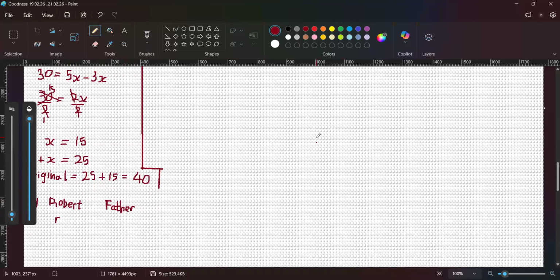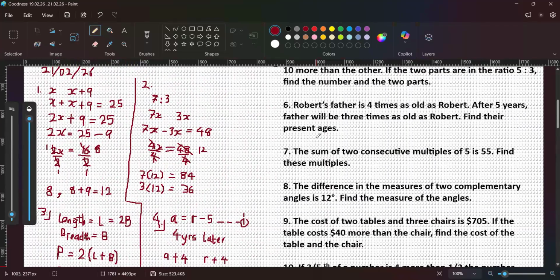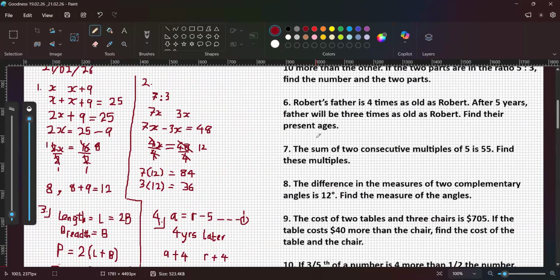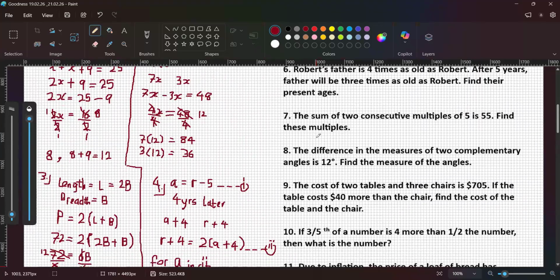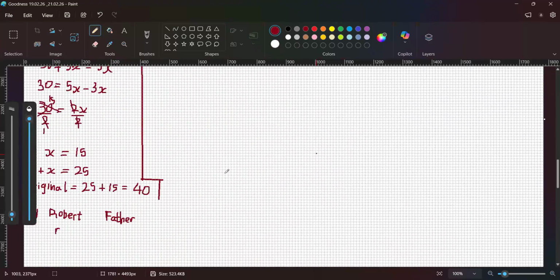Then the first thing is what? According to number six, it says Robert's father is four times as old as Robert. Is means now. So the present age is that the father is four times what? What would the father's age be? Four times what? 4 times X. Okay.